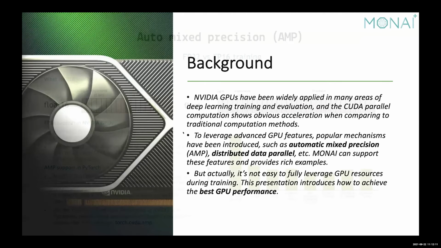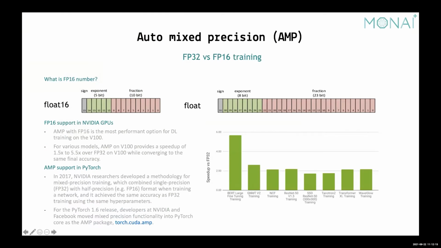First, NVIDIA researchers developed the mixed precision training method, which automatically combines FP32 and FP16 format data during training. The data size is much smaller and the computation is faster. From PyTorch 1.6, developers from Facebook and NVIDIA moved the AMP feature into PyTorch package.